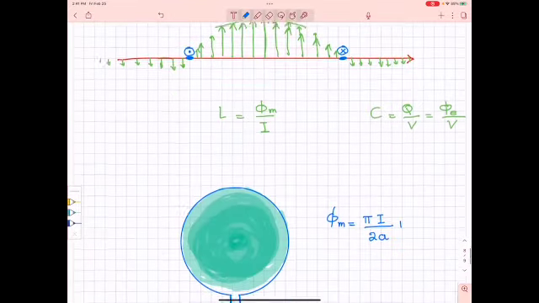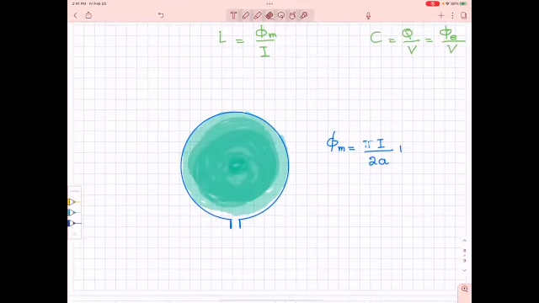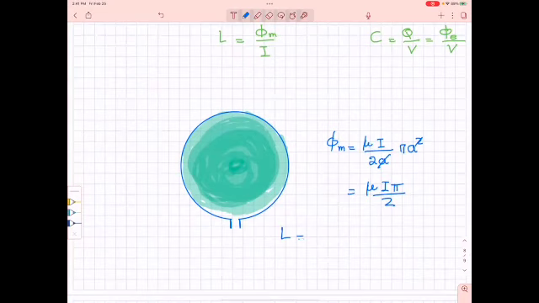Mu I over 2a, and then the area of the loop, pi a squared. So the flux is going to be mu I pi a squared divided by 2. And how much is going to be the inductance of this loop? Mu pi over 2, because it's phi sub m divided by I. Now you found an inductance.